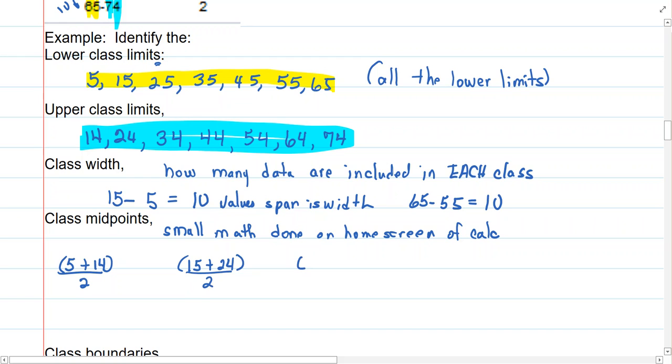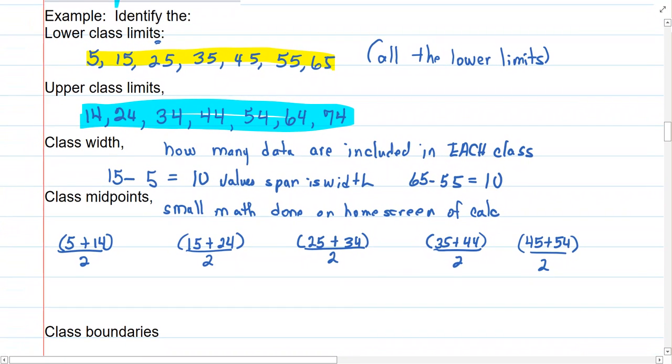Then the next one is going to be 25 plus the 34 divided by 2. And then the next one is going to be the 35 plus the 44 divided by 2. And we're always looking in mathematics for the pattern, and we're going to discuss it as we go forward. So now I'm at the 45 plus the 54 divided by 2, and so on.